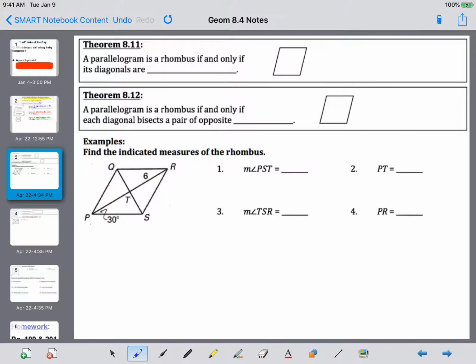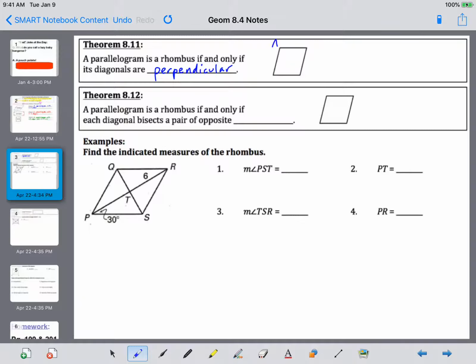Here are two theorems that deal with rhombuses. First, a parallelogram is a rhombus if and only if its diagonals are perpendicular. What I mean by if and only if is that if the diagonals are perpendicular, then it is a rhombus. Those two statements are interchangeable.